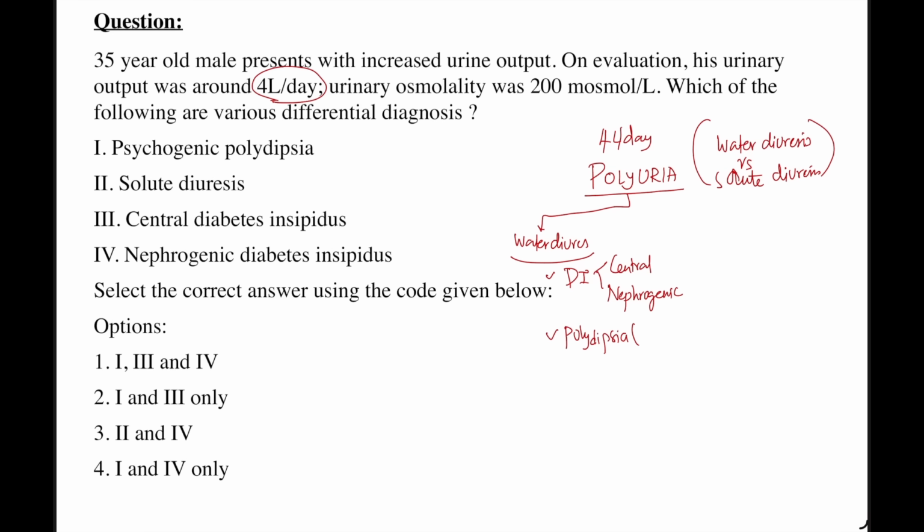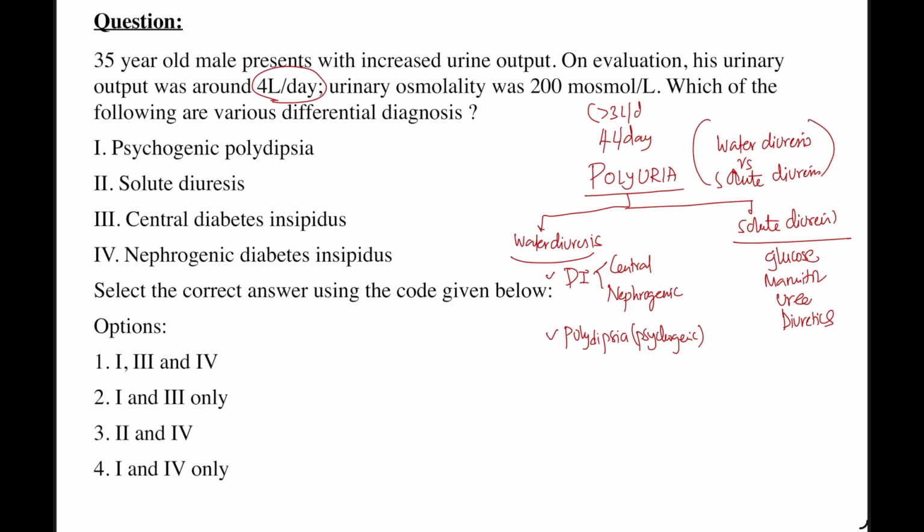Polydipsia is also seen in diabetes mellitus, but it is not psychogenic. Diabetes mellitus kind of diuresis is solute diuresis, because there is an excess amount of solute like glucose. There is also solute like when we give mannitol, or urea, high protein feeding, or diuretics, etc. That is more of solute diuresis. Now you need to be able to differentiate water diuresis from solute diuresis, because in general, any urine output more than 3 liters per day is known as polyuria.